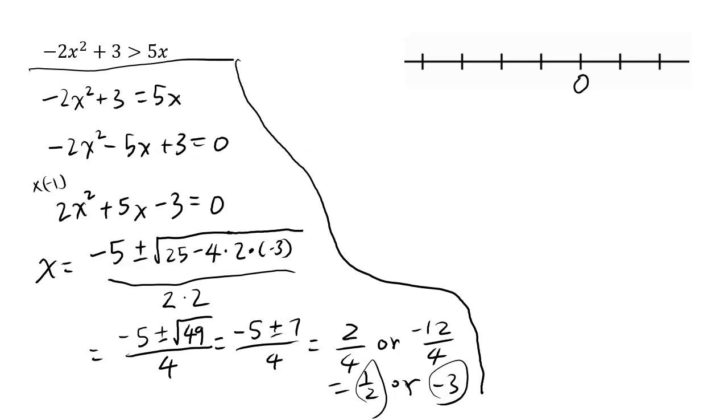Let's say this is 0 and positive 1/2. Here's positive 1/2 and -3: 1, 2, 3, that's -3. So these are the important points, 1/2 and -3. And those are the points when this entire thing is equal, and it divides the entire number line into 3 pieces.